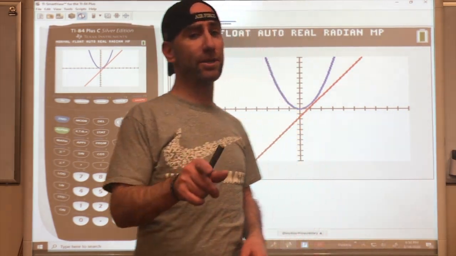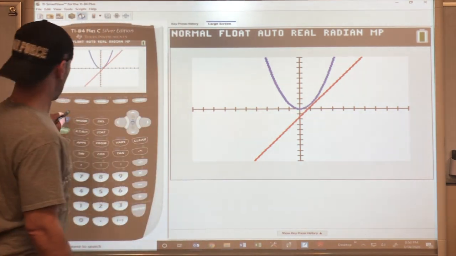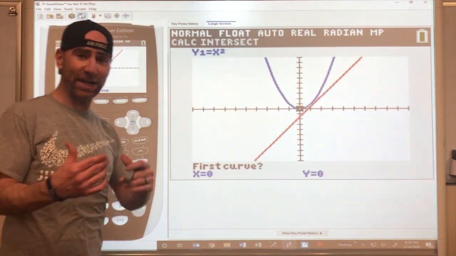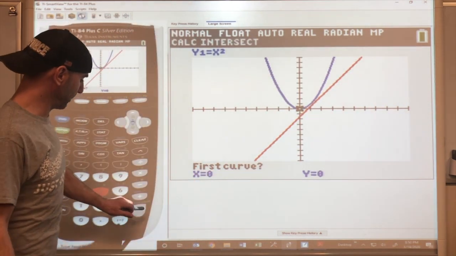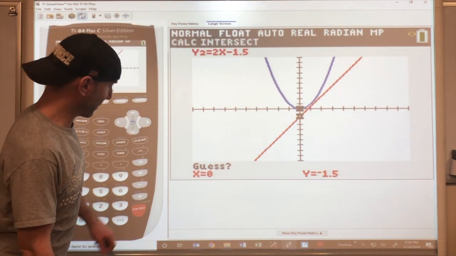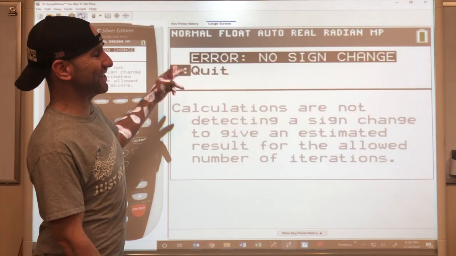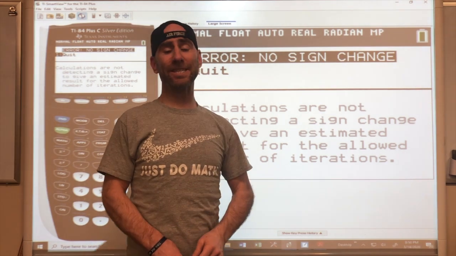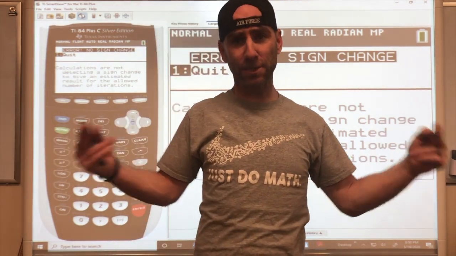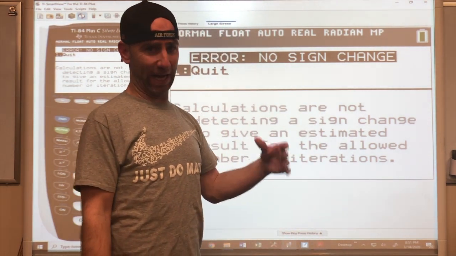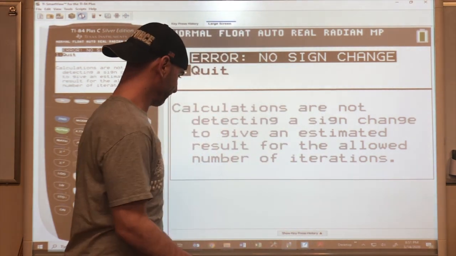So what you're going to do is just ask the calculator, hey, is there an intersection here? So hit enter 1, 2, 3 times, and it tells you that there's an error. That means that there is no solution. There is no coordinate in which those 2 functions intersect. So there's no solution.